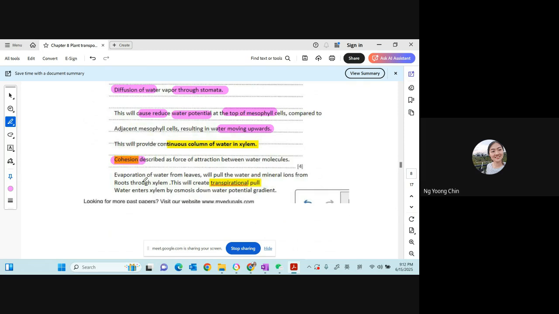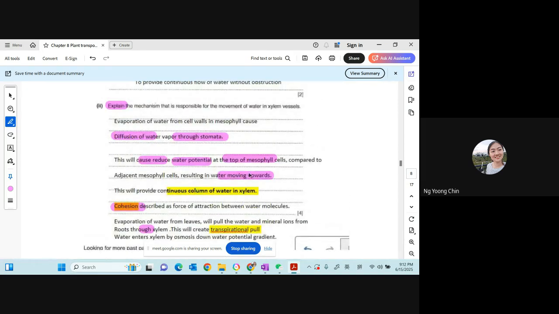So it means that if the water is continuously lost from the stomata during evaporation, the water needs to be replaced, right? So when it is replaced, it will always pull the water and mineral ions from the roots through the xylem. This we call transpirational pull. So this is a keyword. The water will enter the xylem by osmosis down the gradient.